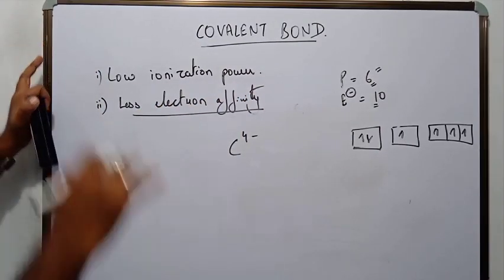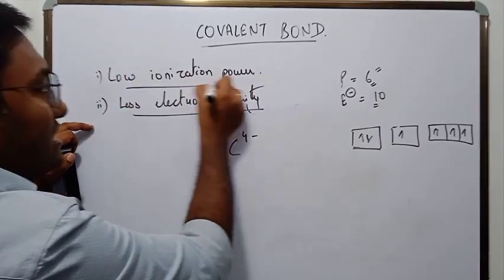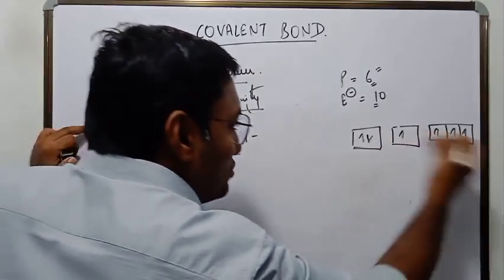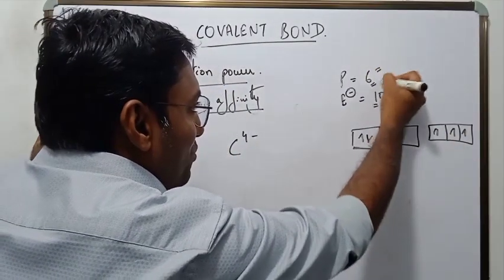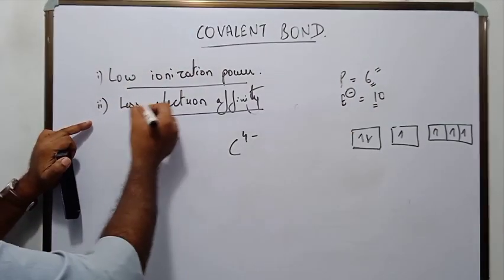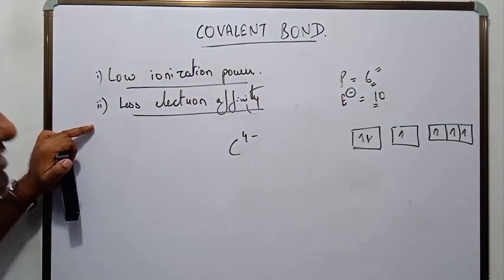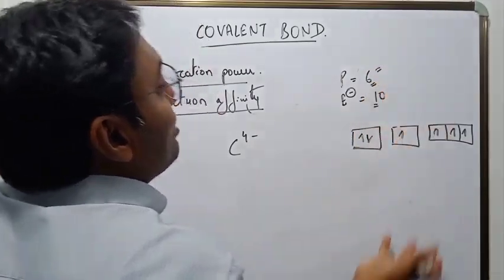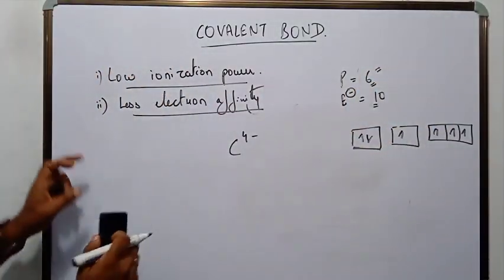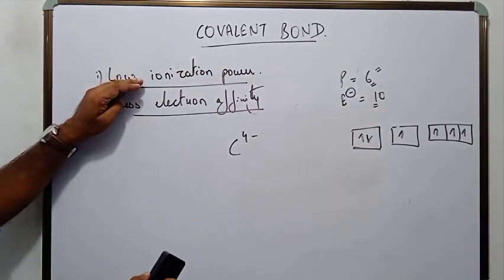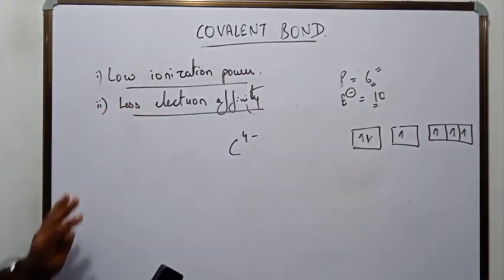Correct? So carbon has low ionization power. It can never lose its electron because the number of protons won't allow. And it has also got less electron affinity. It can never gain electrons because the number of protons would not be able to accommodate that gain. So it is an example of an atom that has low ionization power and less electron affinity.